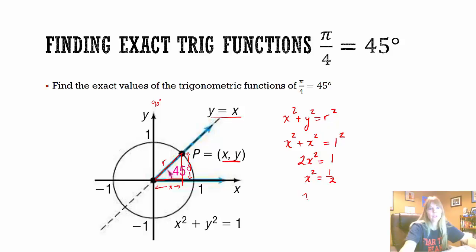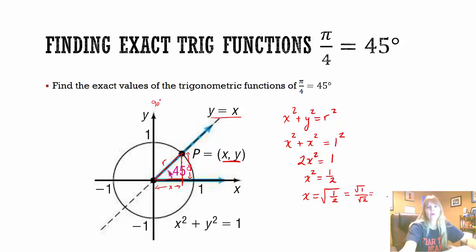Doing that crazy algebra, I'm solving for x. I square root both sides. If you remember, I said when you square root, you always do plus or minus. However, I know that my x value, I can tell by looking at this, because I'm in quadrant 1, is going to be positive, so I don't worry about the negative value. Then if you remember with radicals, you can split the square roots.